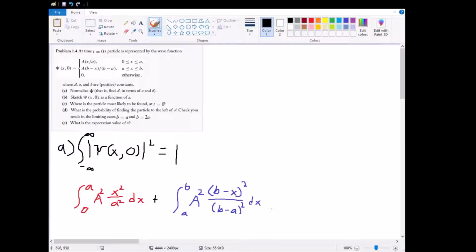And this whole thing must equal 1 in order to be a valid probability distribution.